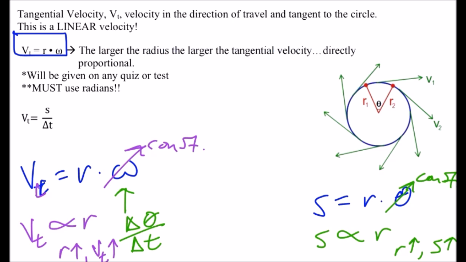Wait, so is that equation dt equals r times t? No, r times omega. That's v_t, tangential velocity, equals r times omega.